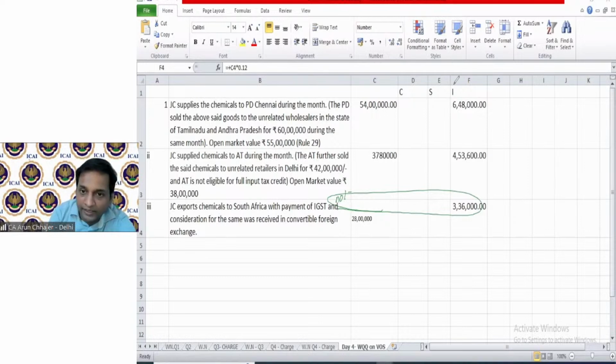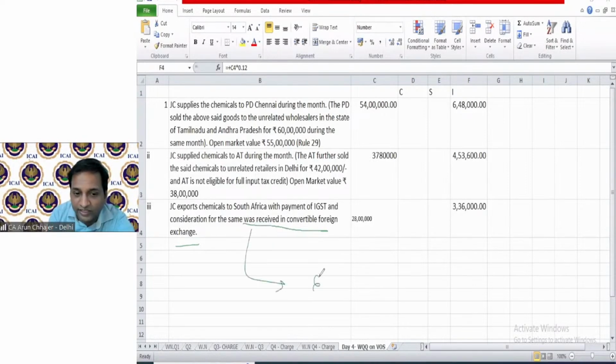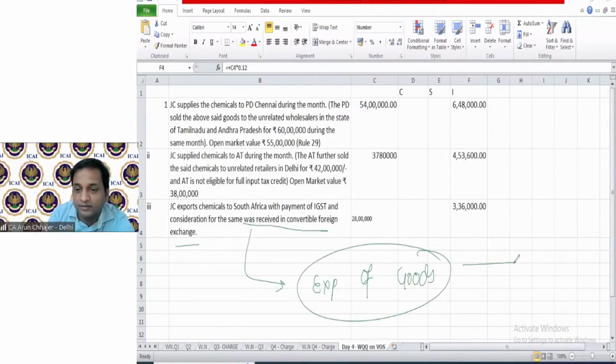My answer would be that it is not material whether amount is being received or not. Why? Because if you refer the definition of export of goods, it is only saying goods should be moved from India to out of India.